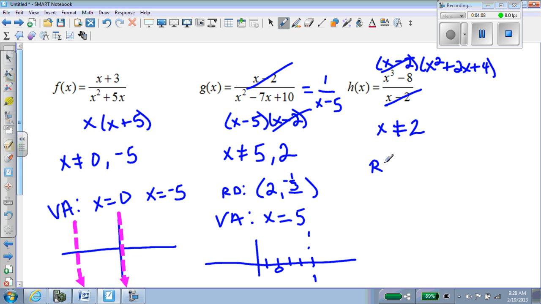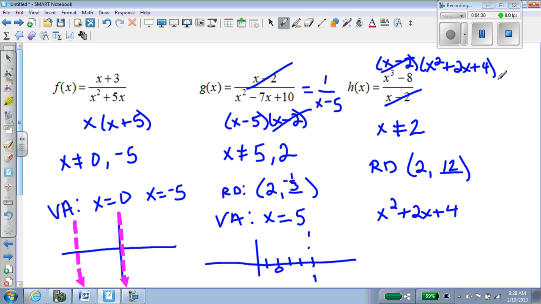All I have is a removable discontinuity at 2 comma something, and I want to plug that something into my simplified function. Well, my simplified function is x squared plus 2x plus 4. So 4 plus 4 plus 4, 12. So I'm going to have a hole at 2, 12.